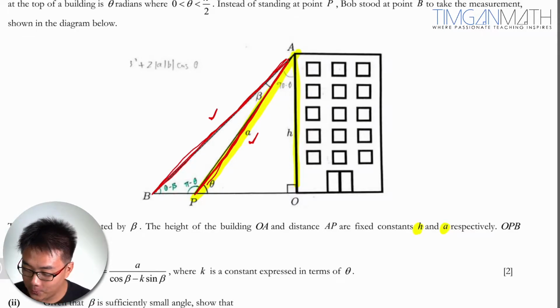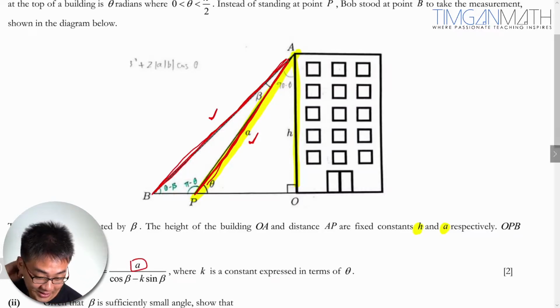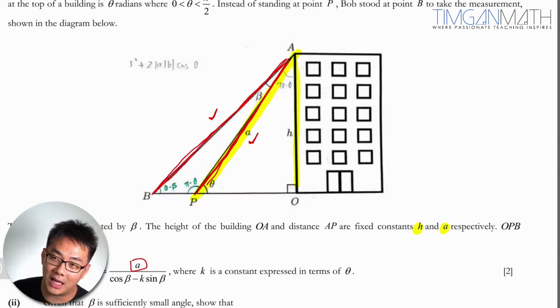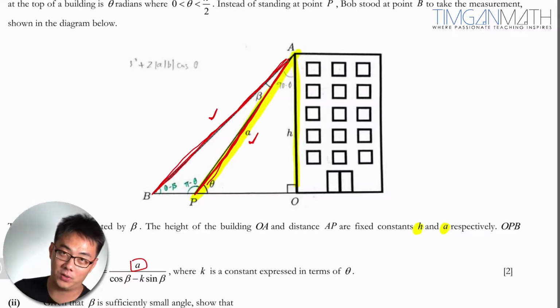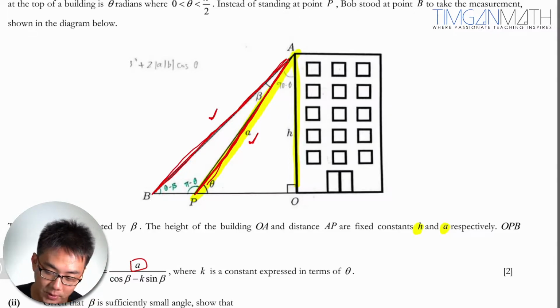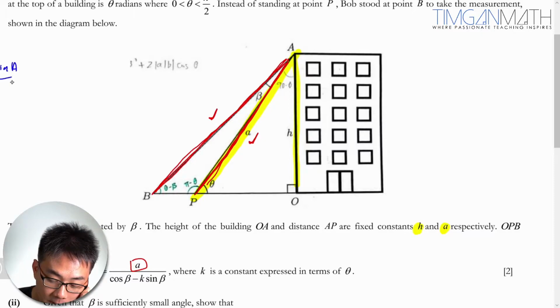Now, if you want to do such a question, you need to look at the lengths and the angles. Take a chill pill. If you're stuck, you just need to know two rules: the sine rule and the cosine rule. The sine rule is sin A over a equals sin B over b equals sin C over c.